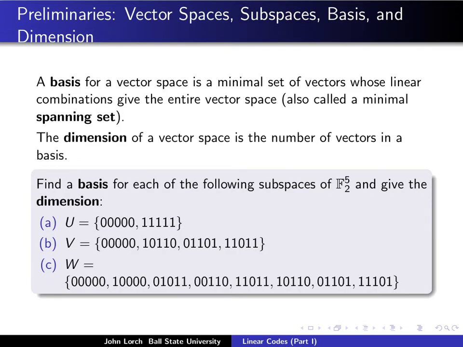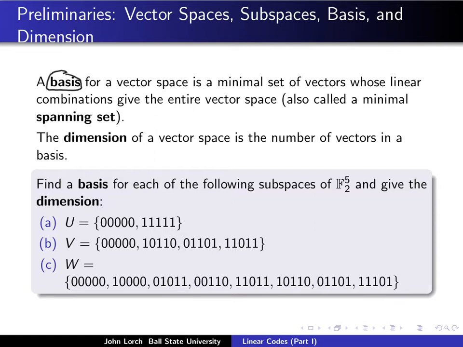One thing that's nice about vector spaces and subspaces is that you can use a relatively small number of vectors to describe the entire space. So in the terminology of linear algebra, we call that small set of vectors a basis.